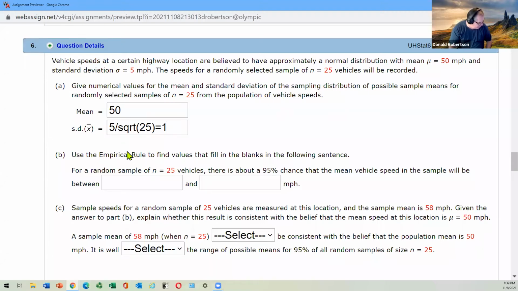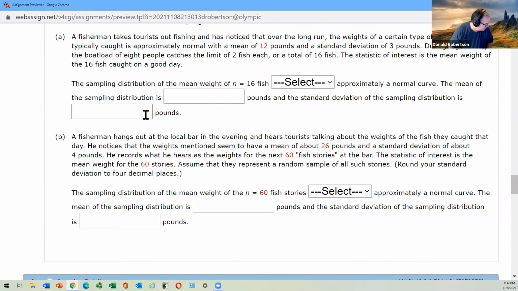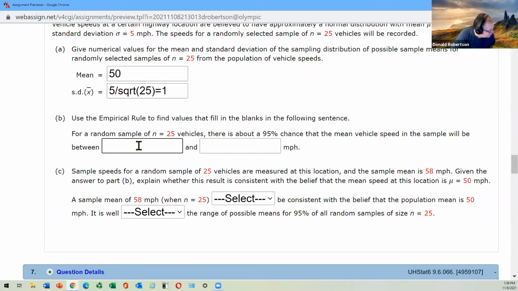Now, if you use the empirical rule for a 95% one, won't that be 50, take away 2 standard deviations? Which is easy to do because they're both 1. Oh, here we go.